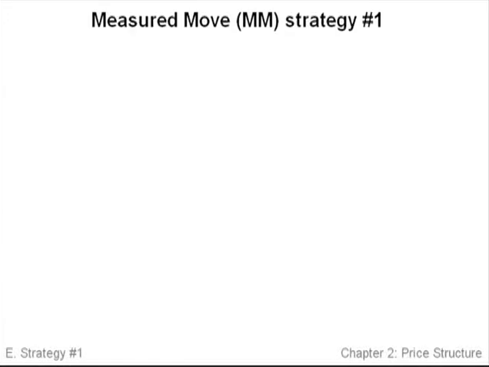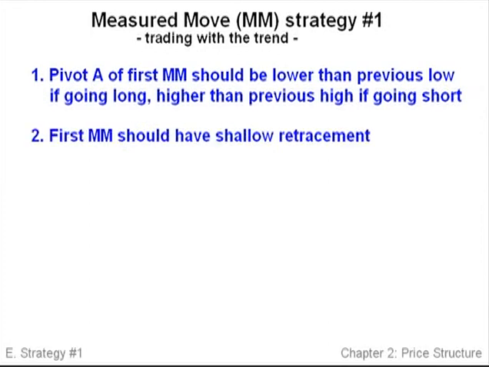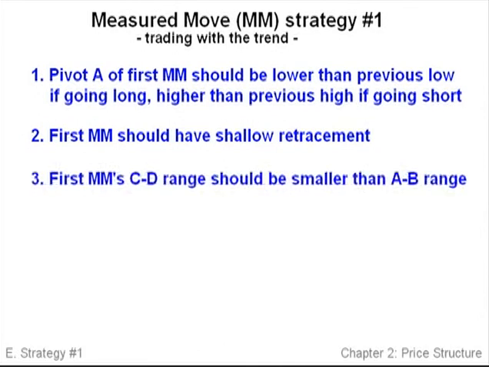So this is going from the strongest to the weakest, going downwards. Here are the rules to trade measured move strategy number 1. Pivot A of the first measured move should be lower than the previous pivot low if going long, and higher than the previous high if going short. Number 2, the first measured move should have shallow retracement. Number 3, the first measured move's CD range should be smaller than the AB range.